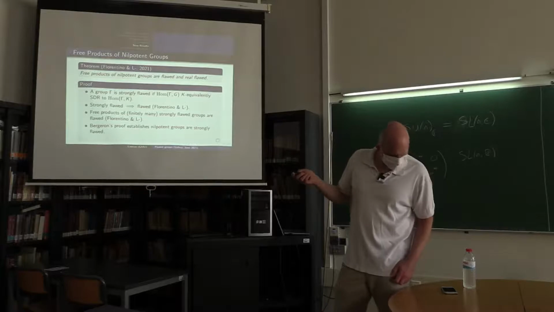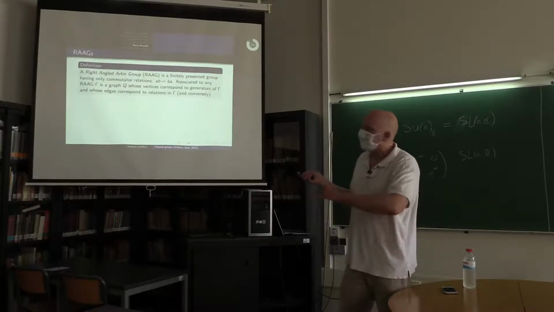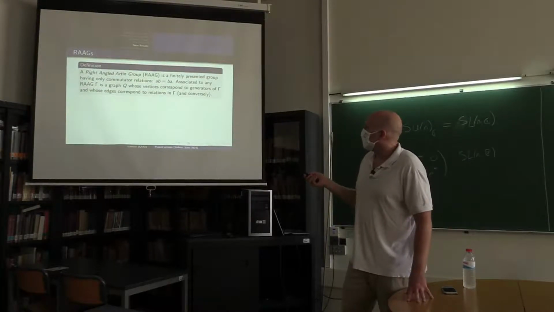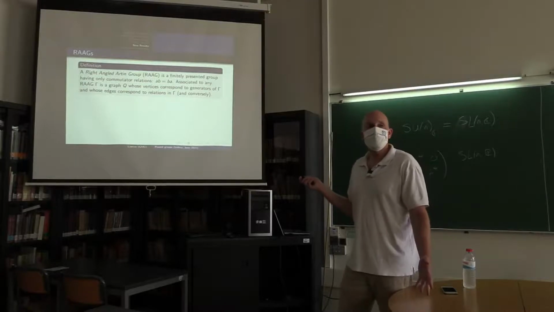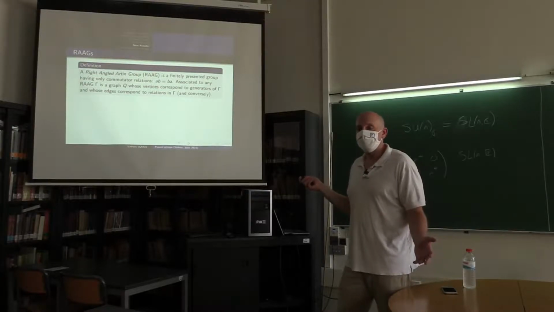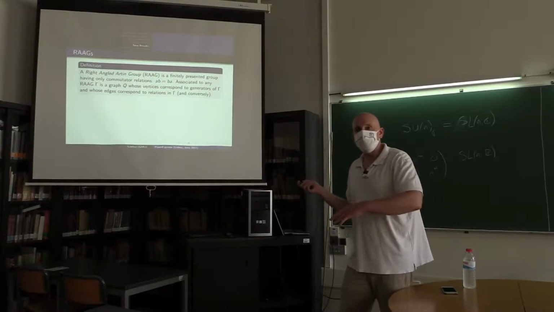And I've got just enough time, I think, to end here with the last class of groups we'll consider. So right-angled Artin groups. They're essentially groups where the only relations that you can have are commutator relations. Okay, so free groups are examples of right-angled Artin groups. Free abelian groups are examples.